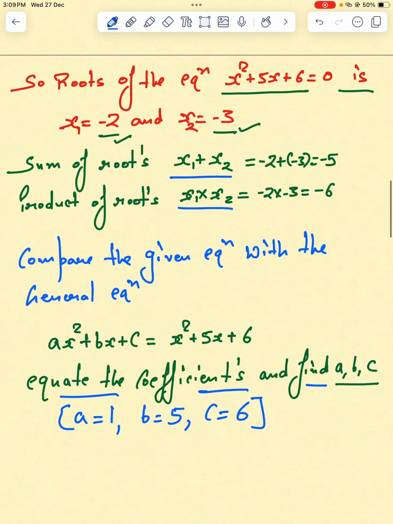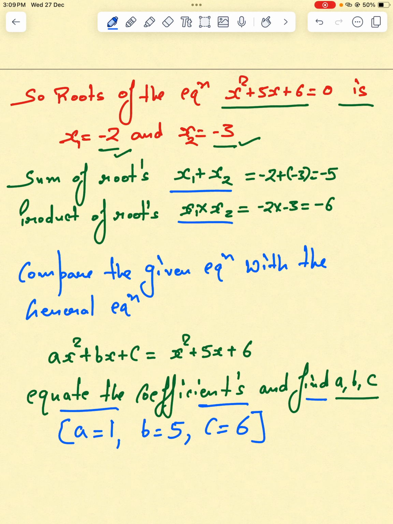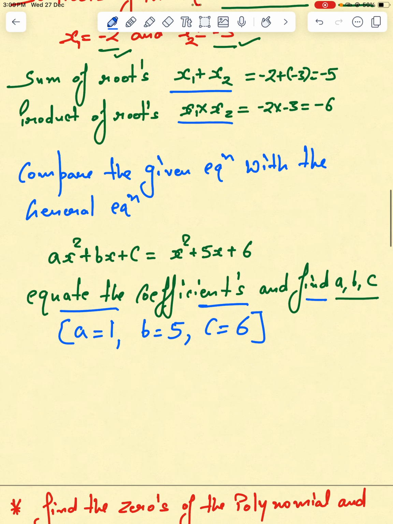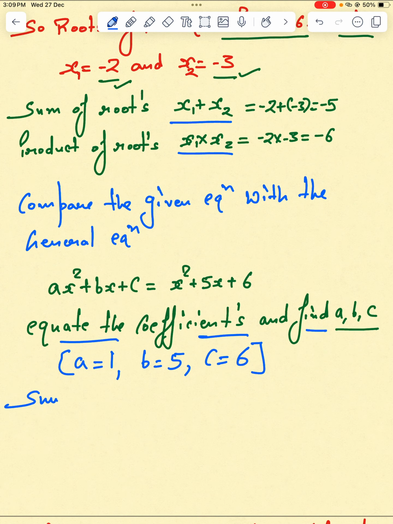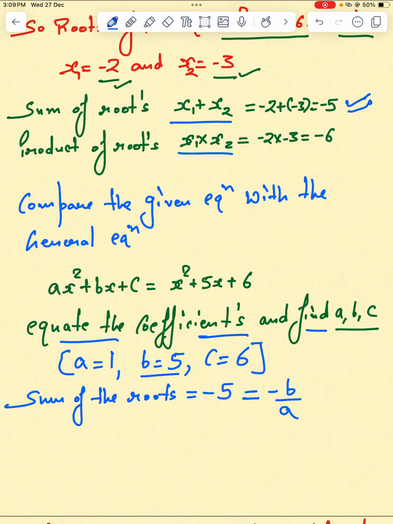So from here, if I write the sum of the roots is minus 5, it is equal to minus b upon a. b is 5, minus is already there, and a is 1. So the sum of roots is minus 5, which we are getting from our sum here.